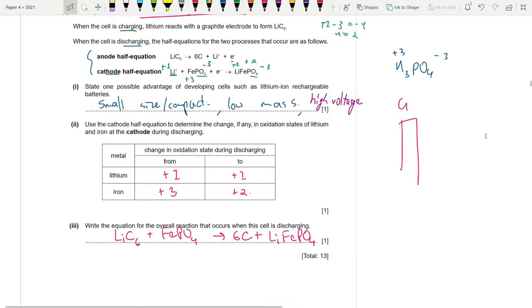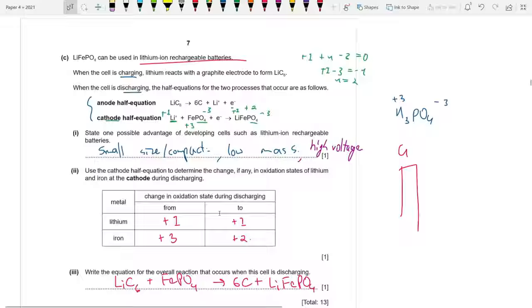Write the equation for the overall reaction that occurs when this cell is discharging. Okay, let's find out the overall reaction. This is how you do it. You need to balance the number of electrons. They are already balanced, 1 electron on each side. You can cancel out the ones on the right and left hand side. If you have like species on the right and left side of this arrow, you can cancel them out. In the first equation, Li+ is on the right. In the second equation, Li+ is on the left. We can cancel these out.